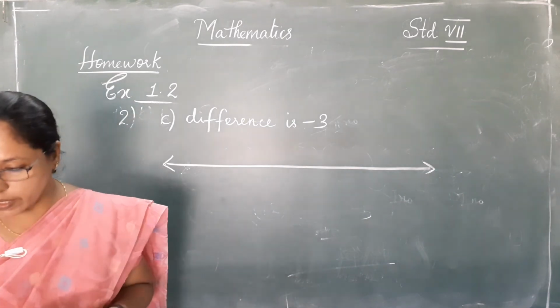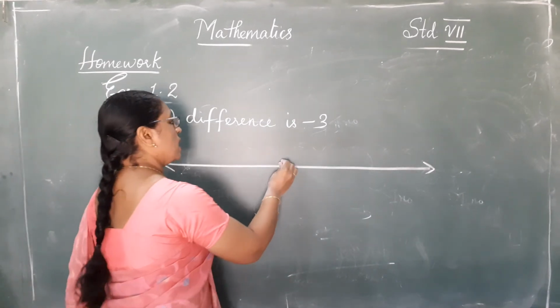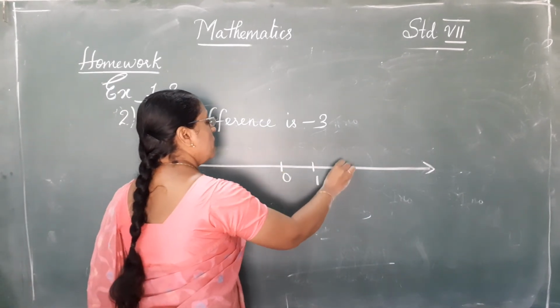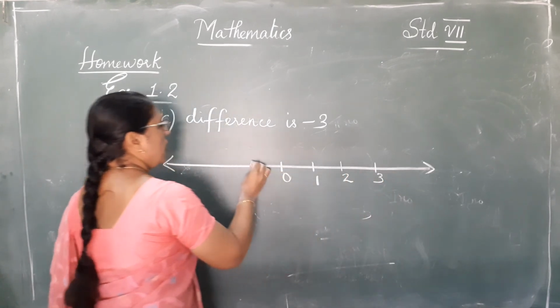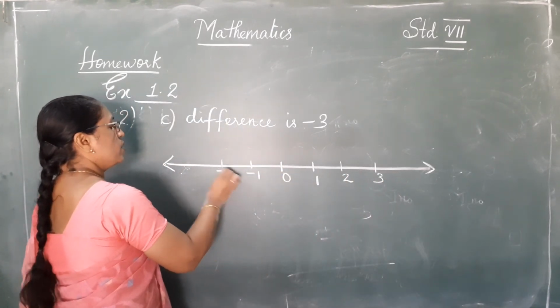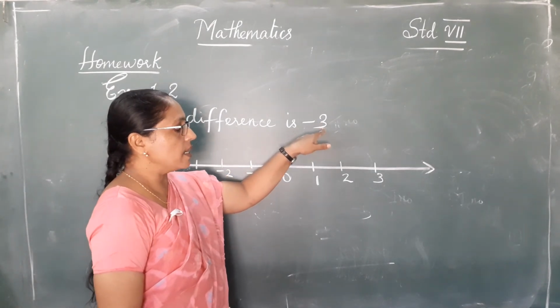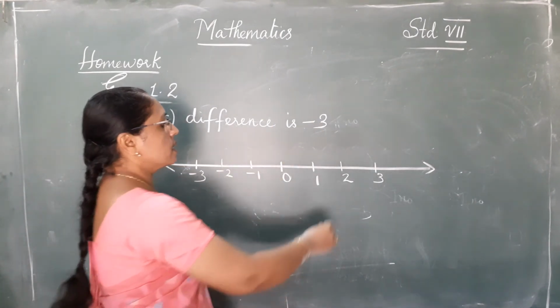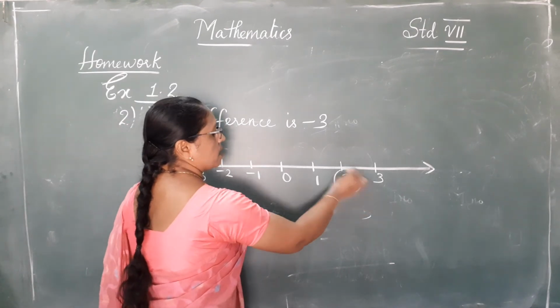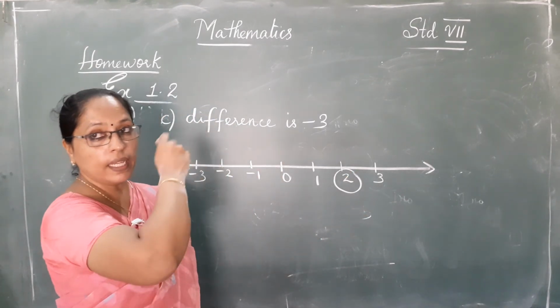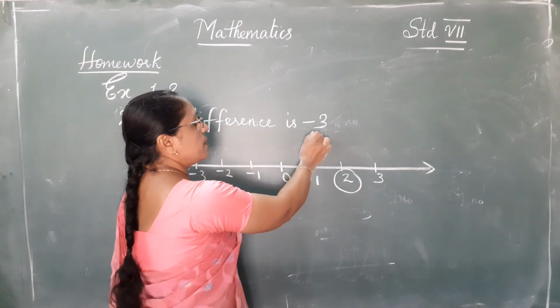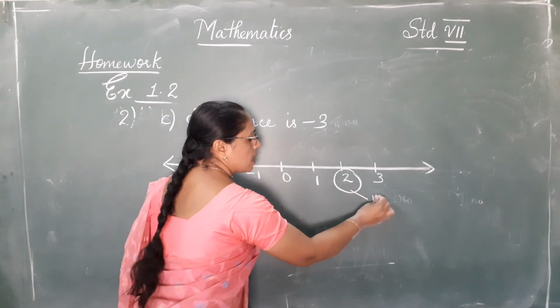We need a positive integer and a negative integer. So 0, 1, 2, 3, negative 1, negative 2, negative 3. Remember here the difference, this answer, is the counting step. So let's select a positive integer. We need a positive and a negative integer which give the difference negative 3. So this is the second number.